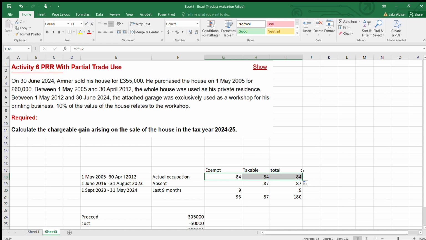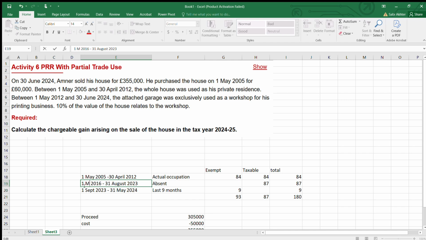Next, 1st May 2012 to 30th September 2023, partially exempt.